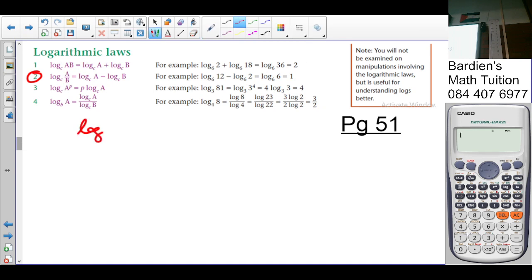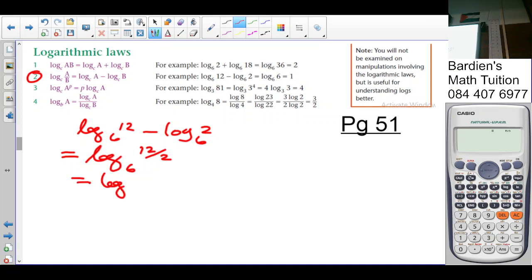Example 2: log 12 base 6 minus log 2 base 6. When we subtract, what do we do with the numbers? We divide. Whichever number is first, you put on top as the numerator. So this will be log 12 divided by 2 base 6, so that's going to be log 6 base 6. And 6 base 6 is?